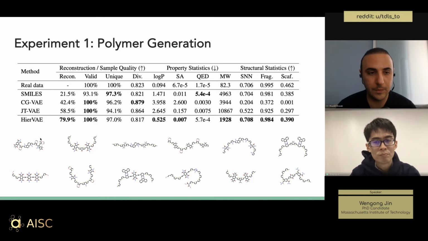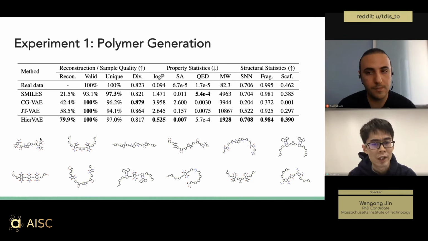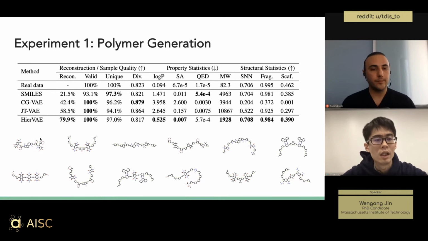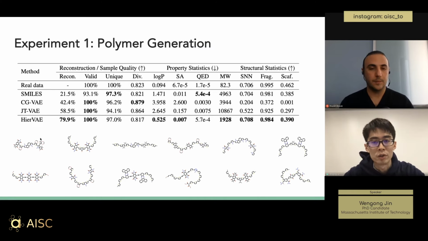Right. SMILES-based methods, how can I say? First of all, the semantics in a SMILES string is usually not clear, or at least blended because of the additional grammar utilized by the SMILES string construction. For example, maybe I have pointed this out in my junction tree paper. Two molecules may be similar in terms of their graph connectivity, but may result in very different SMILES strings. So that's why it is hard for the SMILES string-based method to learn a good latent space representation.